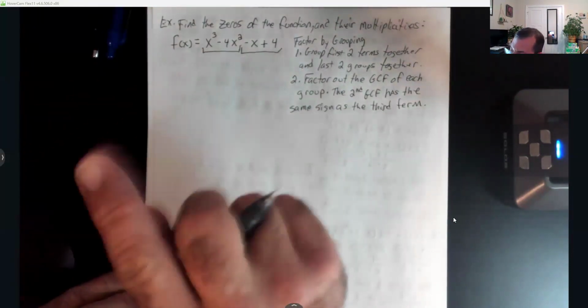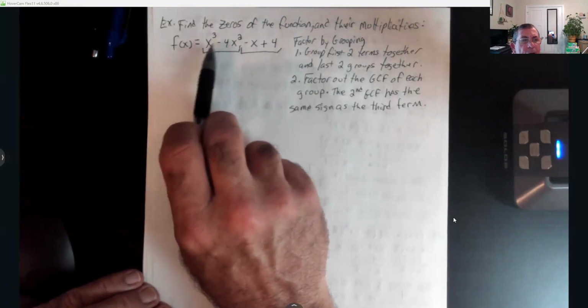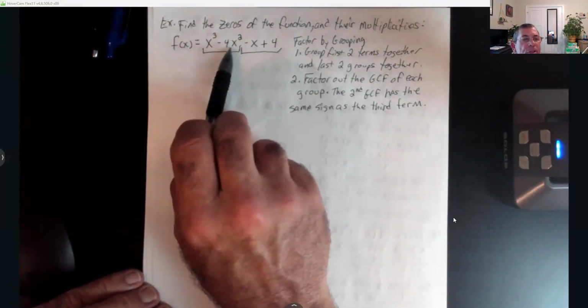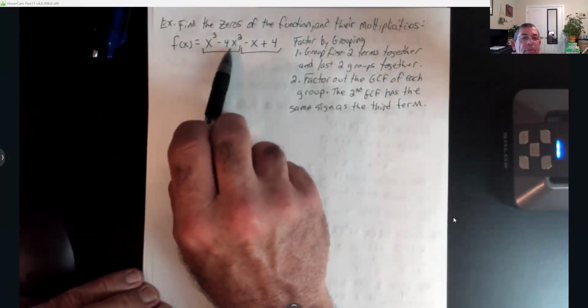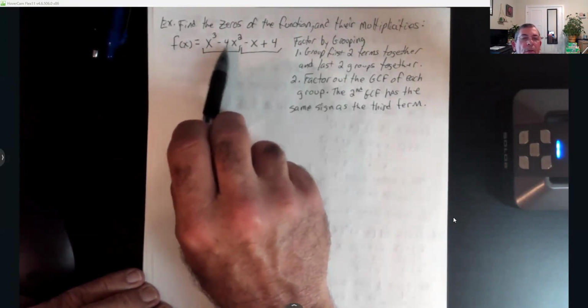All right, y'all, so here we go. Let's put these first 2 terms together. We're going to factor out the GCF of these first 2 terms. So, y'all, what's the most they got in common?